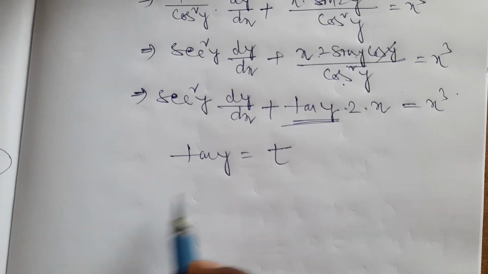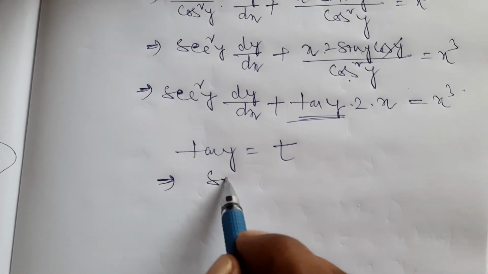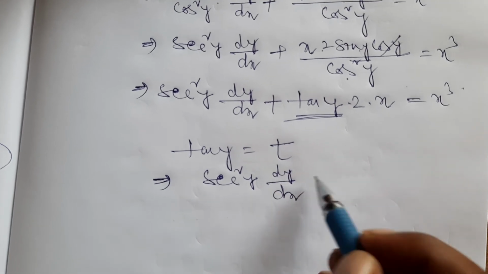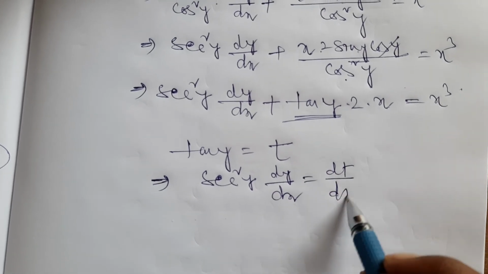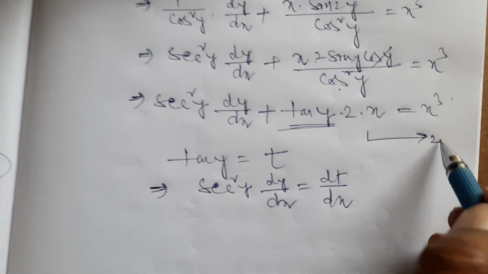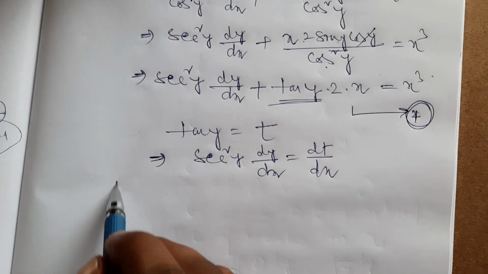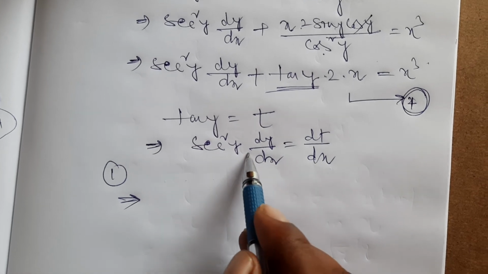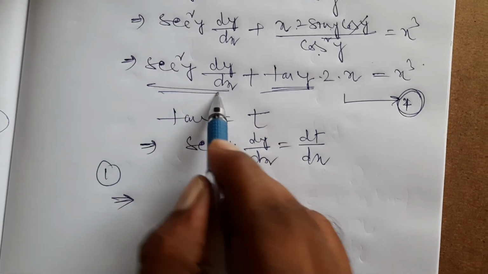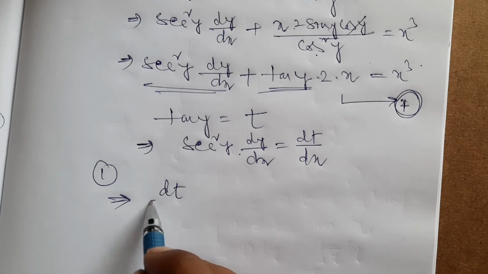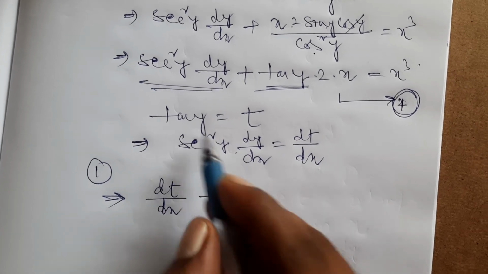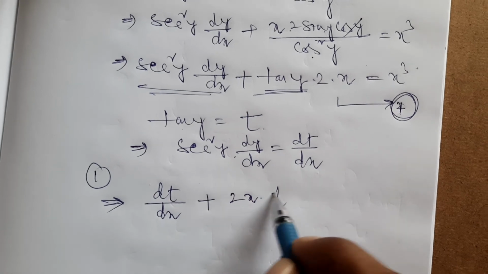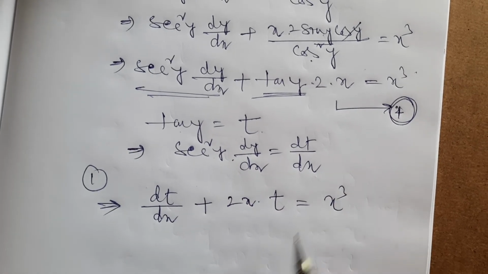If tan y is equal to t, then differentiating, secant square y into dy by dx is equal to dt by dx. Now equation number 1 changes to dt by dx plus 2x into t equal to x cube.